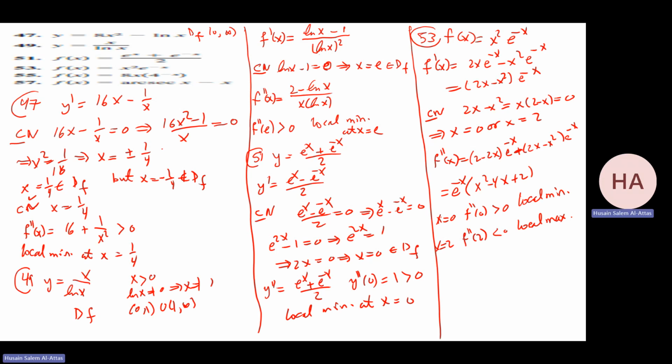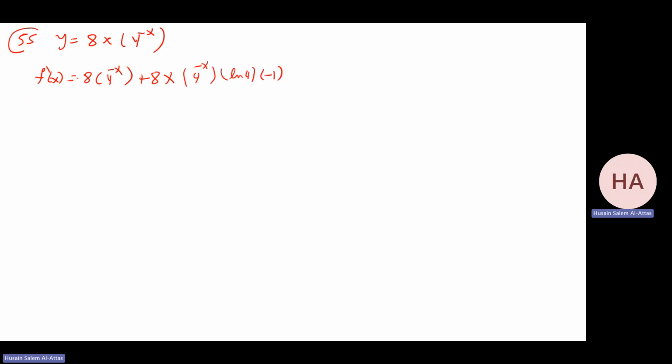Let me do 55. y equals 8x 4^(-x). What will be f prime? It will be 8 times 4^(-x) plus 8x times the derivative of this, which will be 4^(-x) times ln 4 times minus 1.